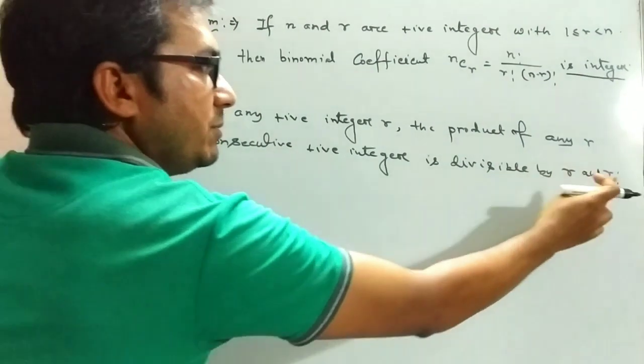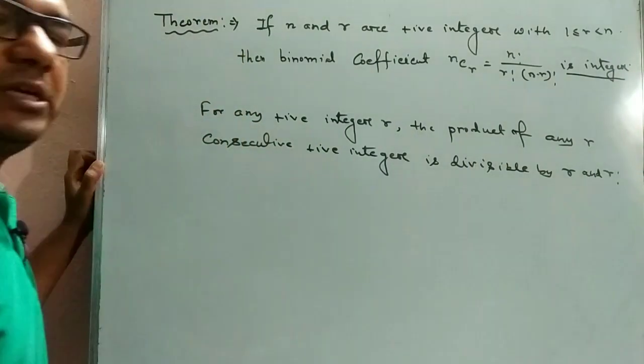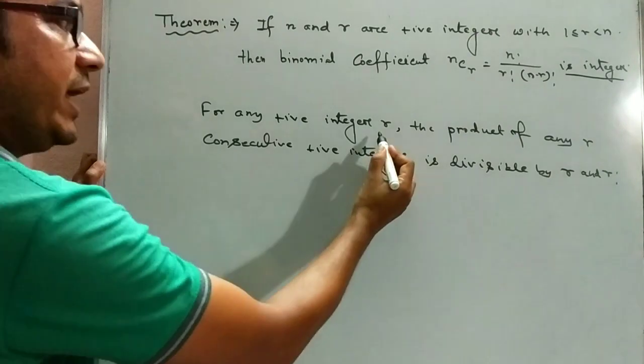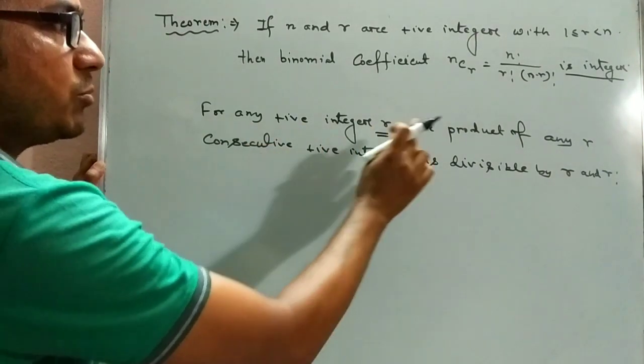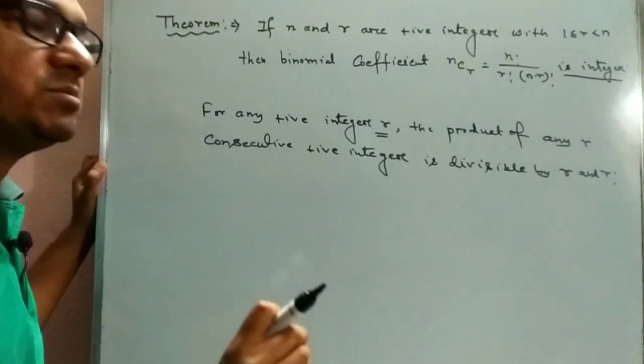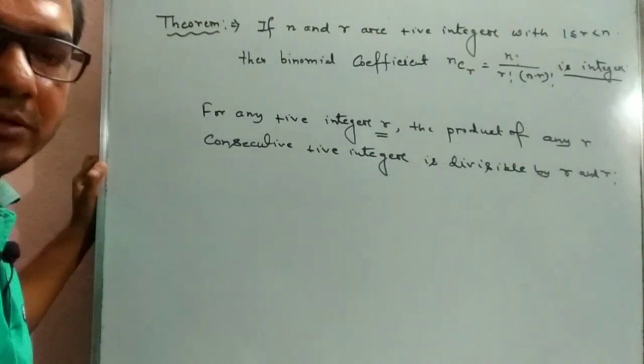If it is divisible by r factorial, then it is obviously divisible by r. Okay. For any positive integer r, the product of any r consecutive positive integers is divisible by r factorial.